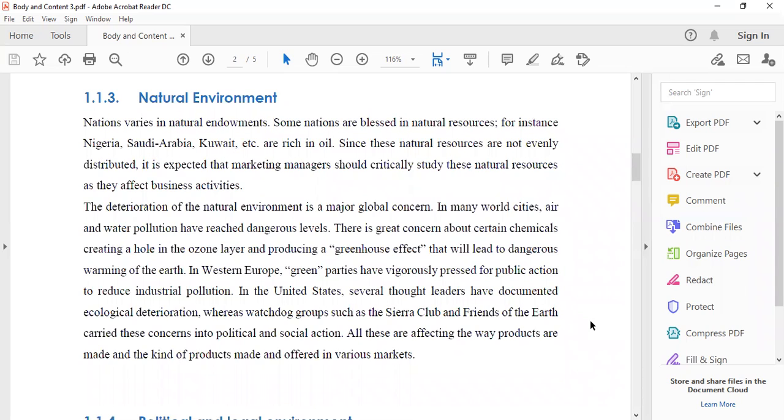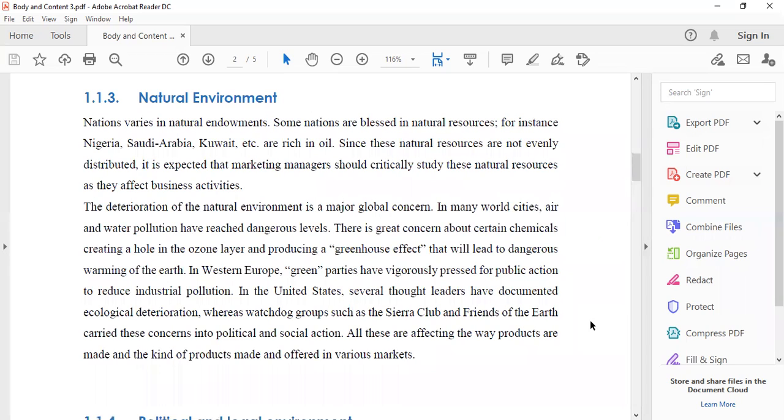Another variable in the macro environment is the natural environment. Nature has its role to play because obviously we all, both the consumers and the business, are affected by what happens in nature.